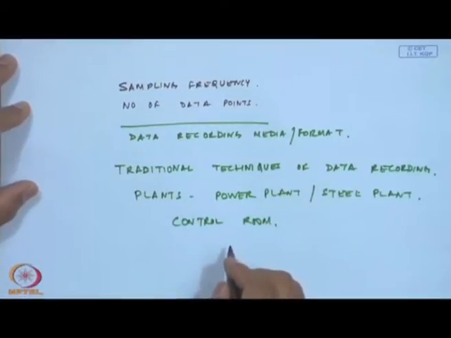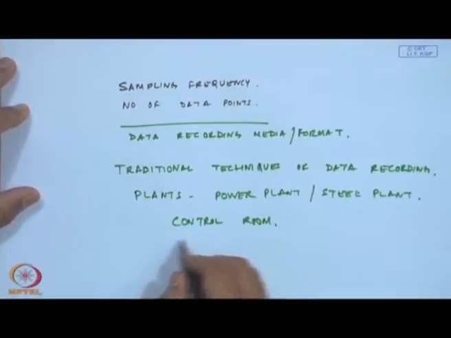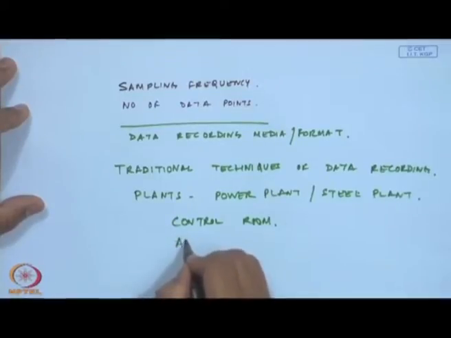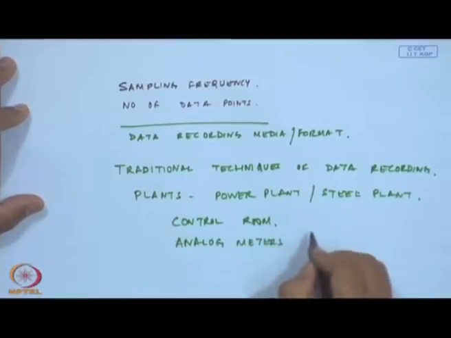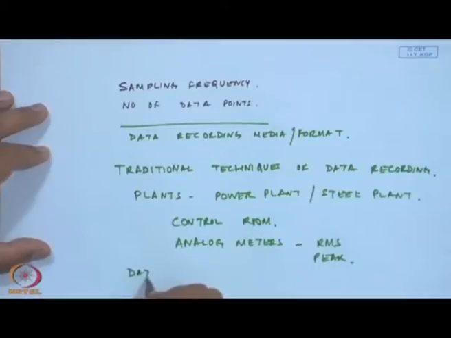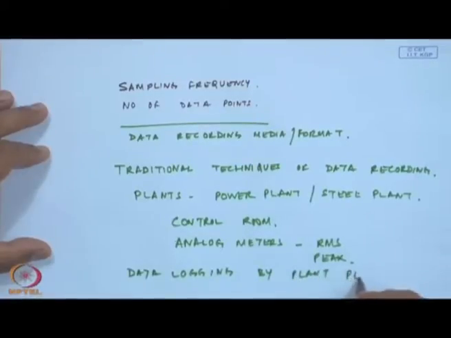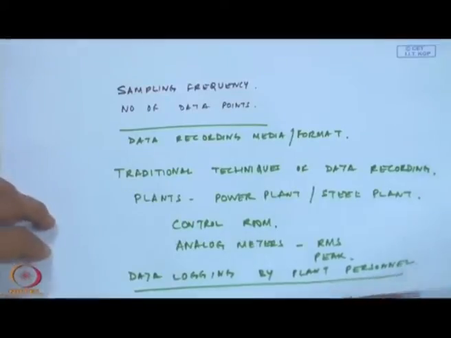I am talking about things in the industry about 3-4 decades ago, and then all they had were a lot of analog meters, essentially RMS or peak meters, and data logging was done by plant personnel. This was the format of data recording maybe a couple of decades ago.